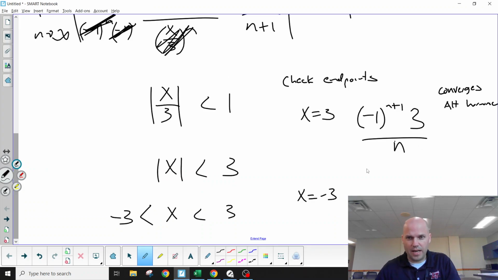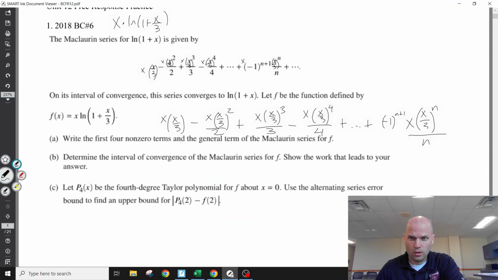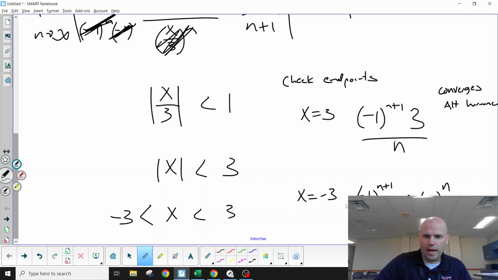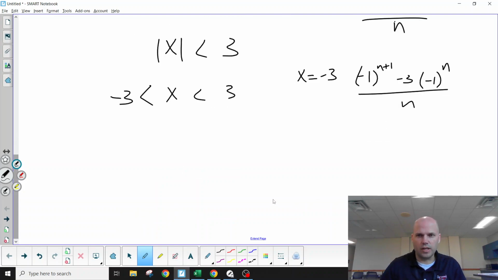All right, now if I plug in negative 3, I get negative 1 to the n plus 1. I got a negative 3. Then I have negative 1 to the n over n. Now, this is interesting.